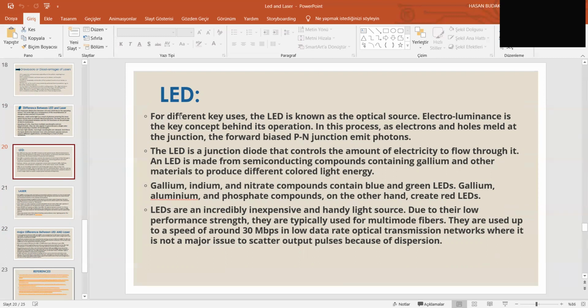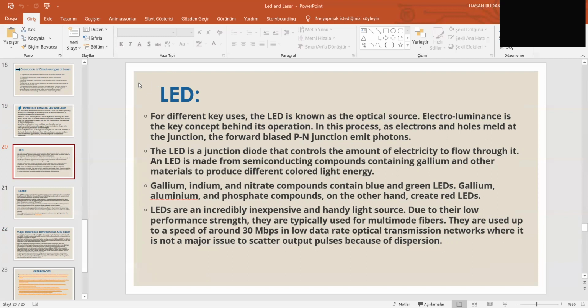Gallium, indium, and nitride compounds make blue and green LEDs. Gallium, aluminum, and phosphide compounds, on the other hand, create red LEDs. LEDs are an incredibly inexpensive and handy light source.